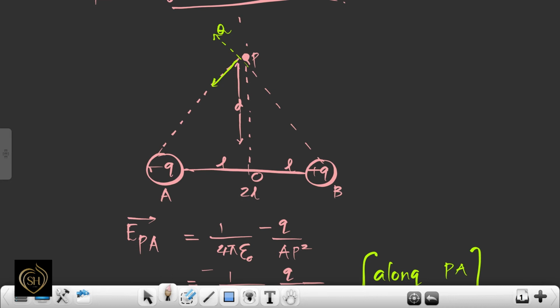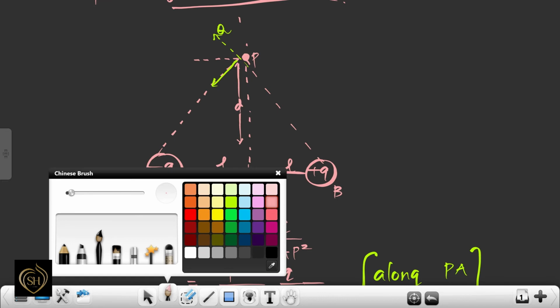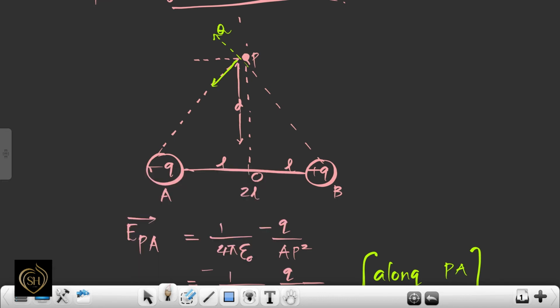If I resolve along this line, first let us consider EA. EA sin theta will be towards this direction. Then what will be the direction of EA cos theta? This will be the direction of EA cos theta.